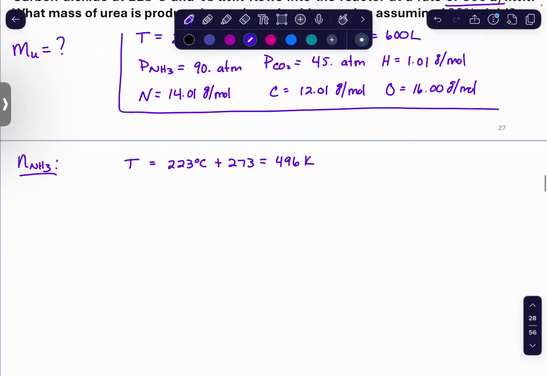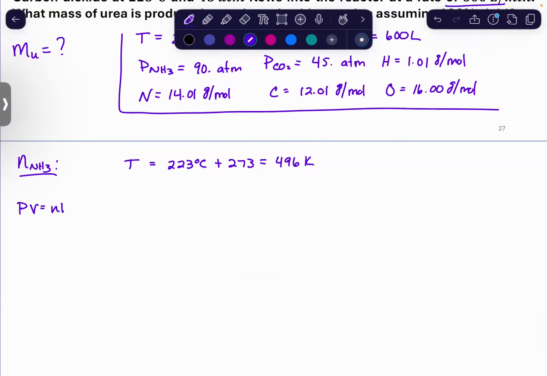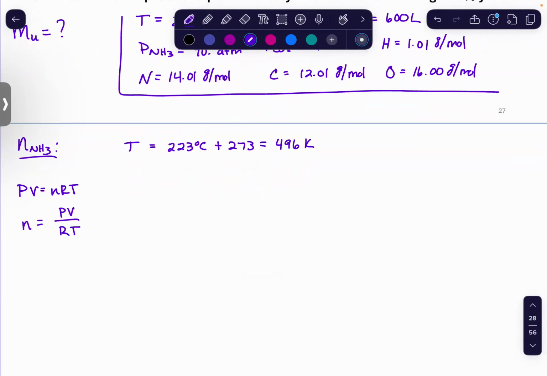All right, so we're going to solve for number of moles, n, which is PV divided by RT. So moles of ammonia: R is 0.08206 liter atmospheres over mole Kelvin.